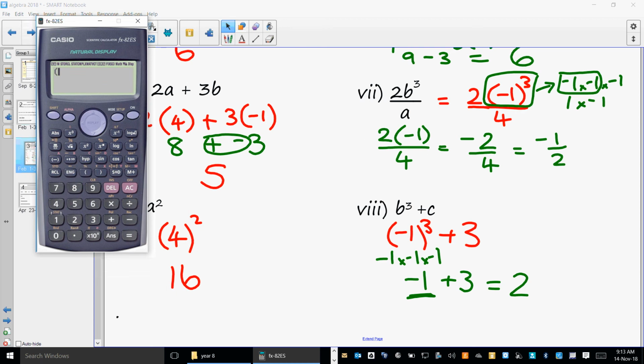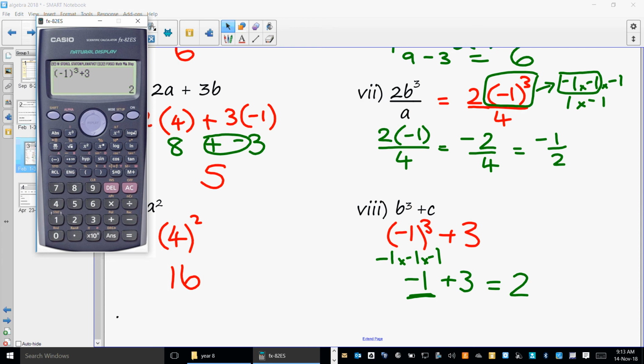-1 cubed plus 3. Doesn't the cube have to be in the bracket? No, actually, this is important. No, the cube must not be in the bracket, because if you put it in the bracket you would get the same answer.